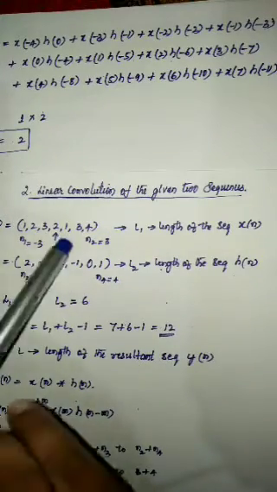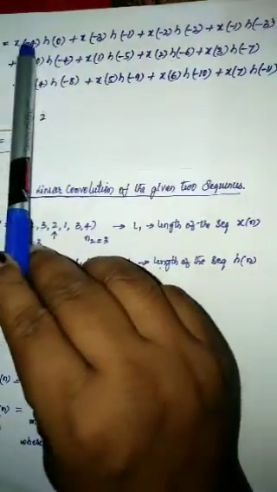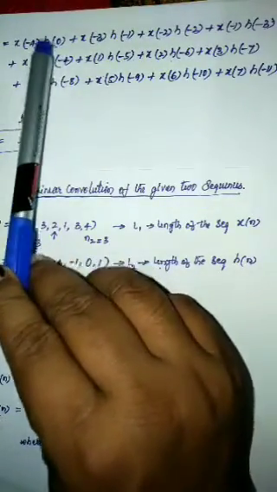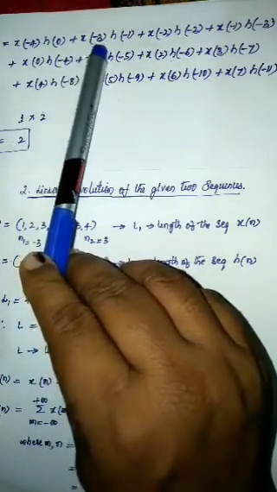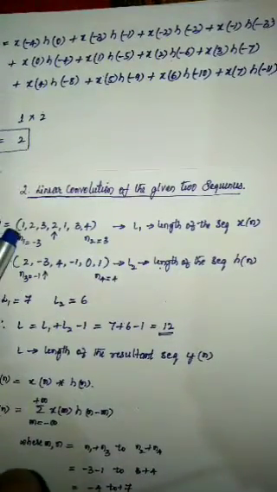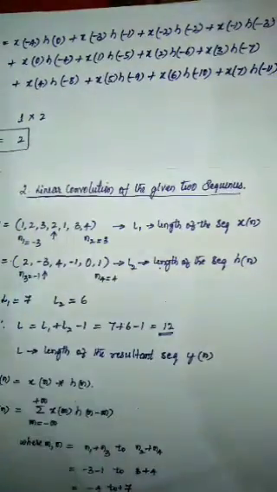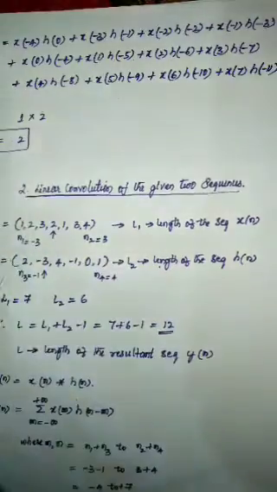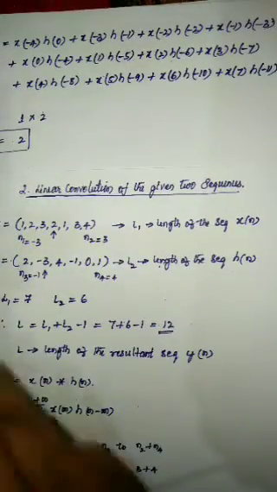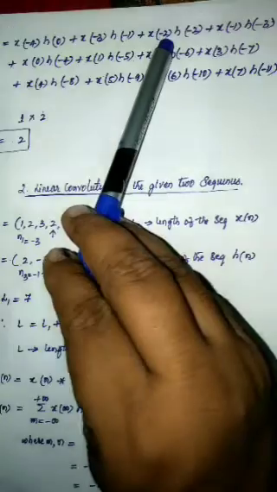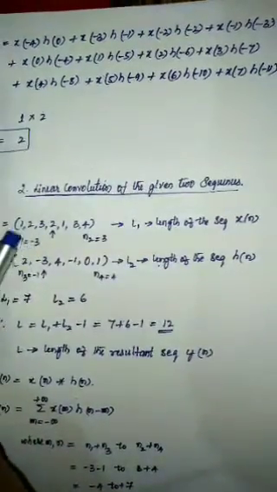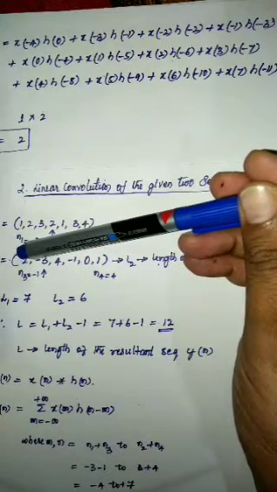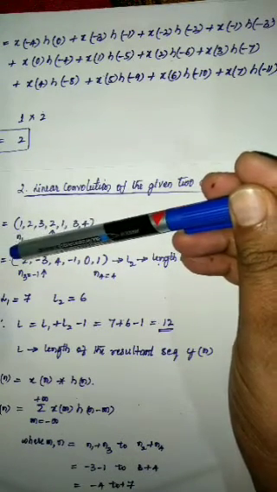Right, h of 0 is minus 3, but minus 3 into 0, obviously the product is going to result in 0. And here we have x of minus 3 that is equal to 1, and h of minus 1 is equal to 2. Therefore, 1 into 2 is equal to 2. And x of minus 2 we have, but do we have h of minus 2? It is starting from minus 1 itself. We don't have any sample at minus 2 defined.